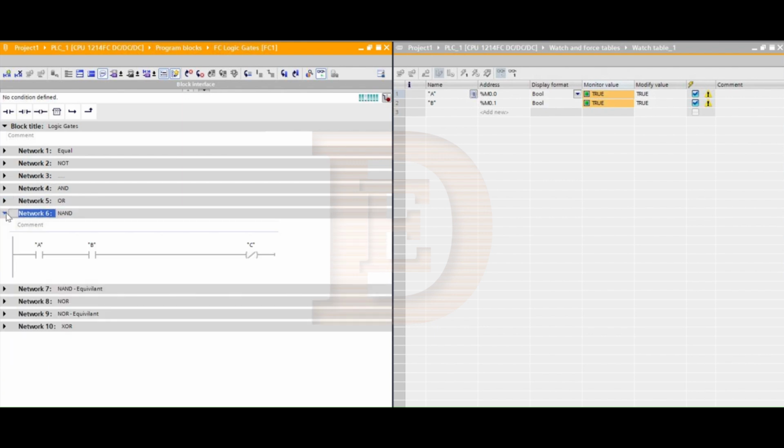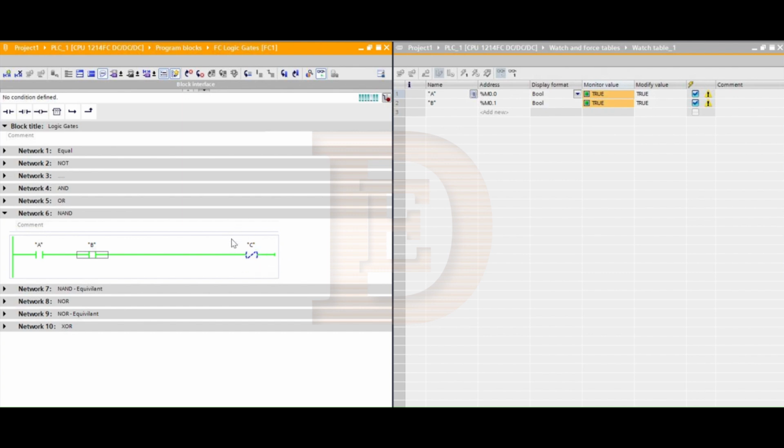Now, looking at the NAND gate. The NAND gate is basically, the way we read it, a negated AND. So you do the AND, whatever logic is the AND gate, which is the series logic that we looked at previously, and then negate that.